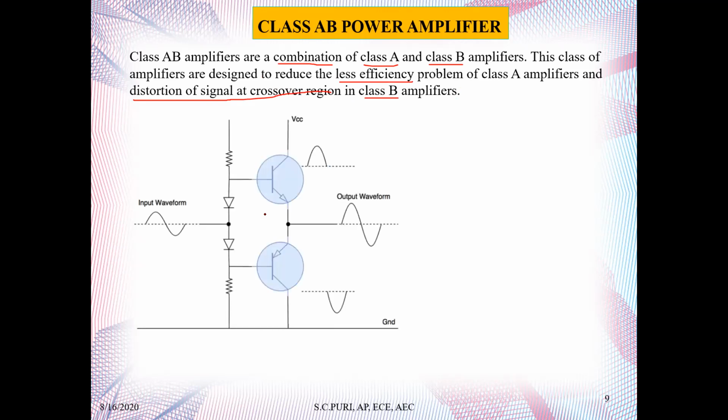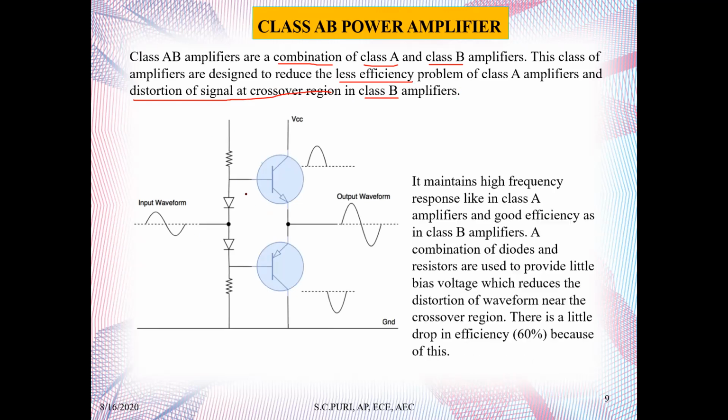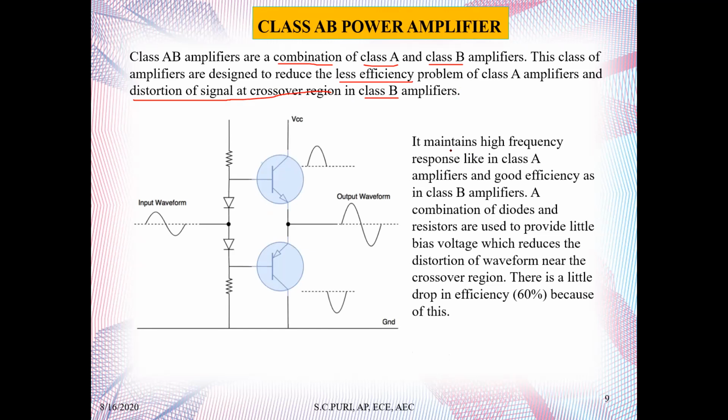It uses class A, class B, and a modification circuit like this. So it maintains high frequency response like in class A amplifier, and good efficiency as in class B amplifier. A combination of diodes and resistors is used to provide a little bias voltage, which reduces the distortion of the waveform near the crossover region.